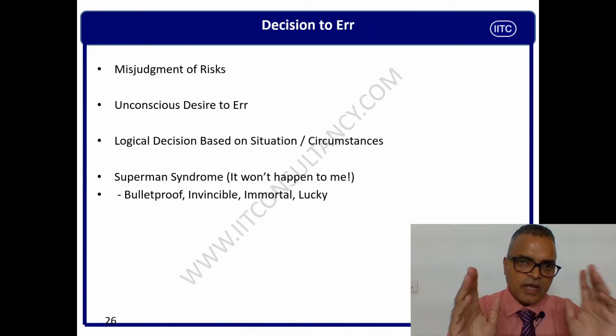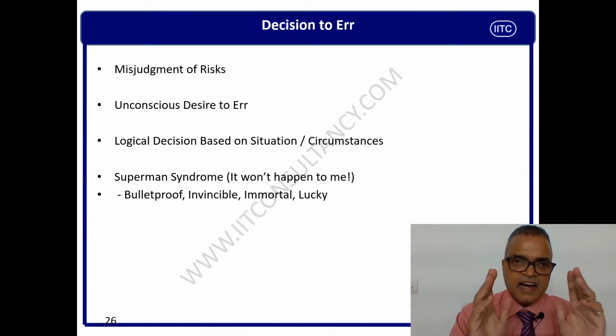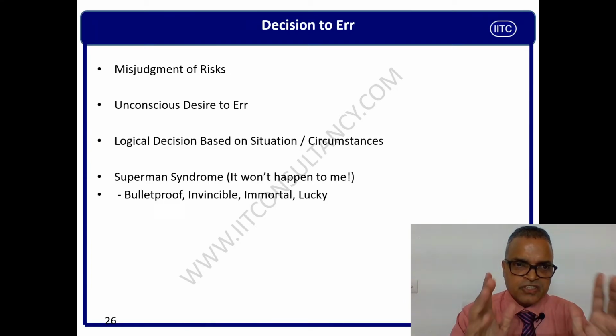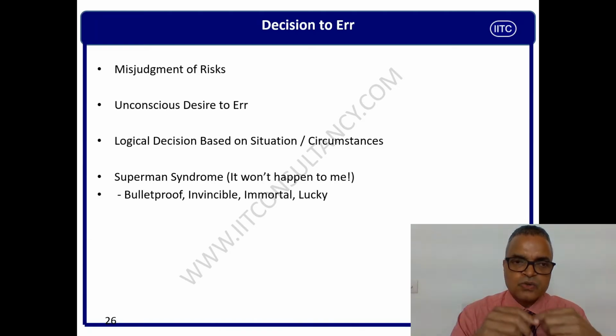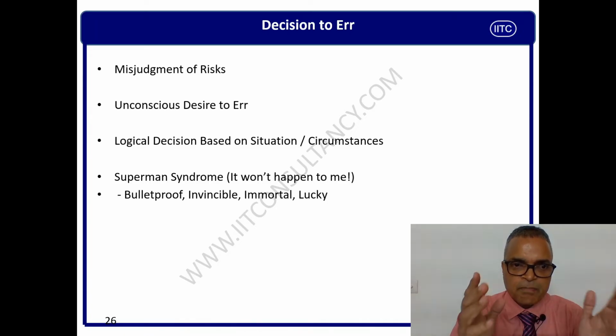Guys, decision to err is also one of the responsible factors for creating an accident. There are many attributes in decision to err. Misjudgment of risk, which means complacency: there is overestimation or underestimation of risk. Unconscious desire to err: there is no desire to err, but this will create an issue. Local decisions based on situation and circumstances are also reasons for decision to err.